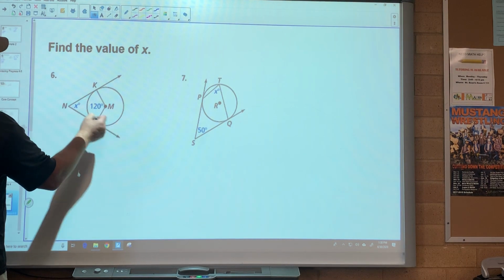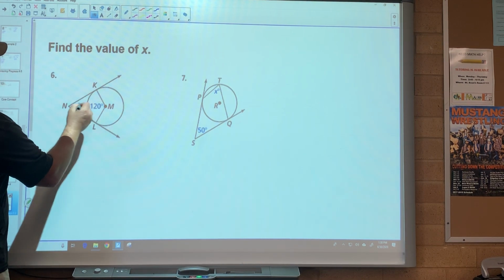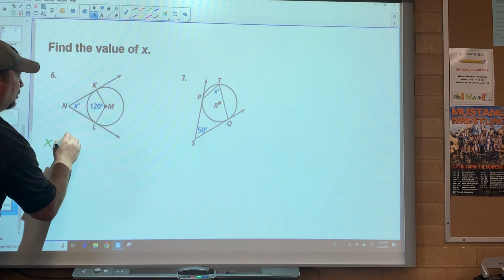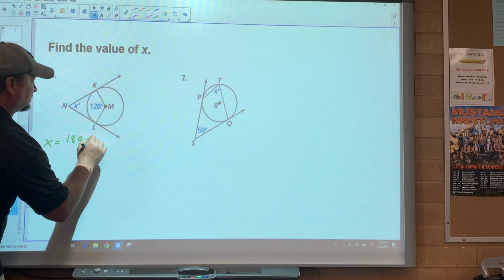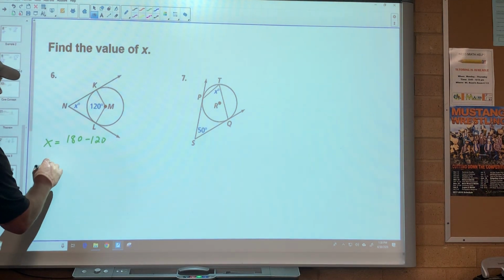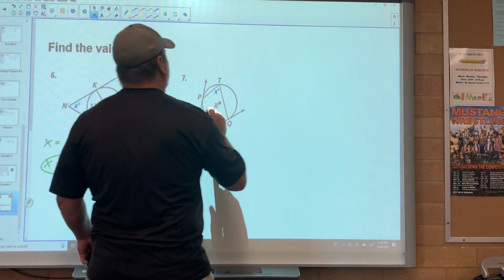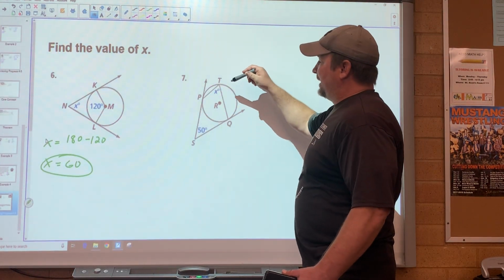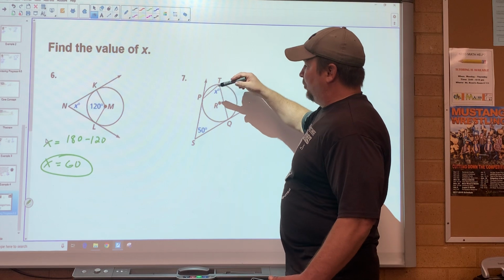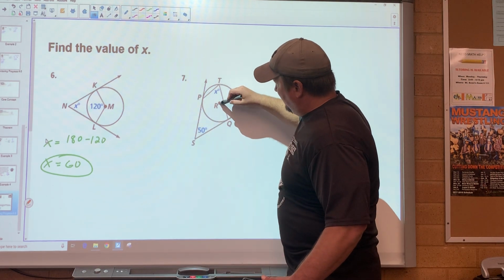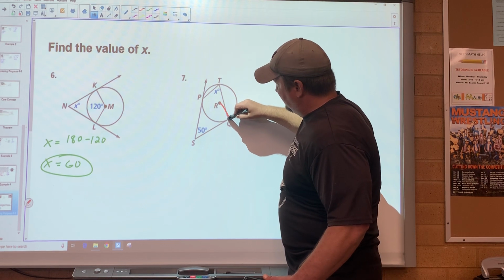We've got two tangents, and we know that those angles then have to be 180, so x will equal 180 minus 120. So x has to be 60. And on this one, remember, that's not going from the center, so we would have to make our own center, or our own right triangles, basically.